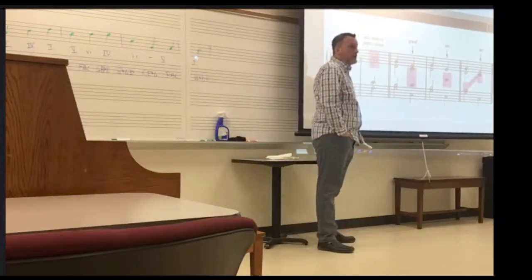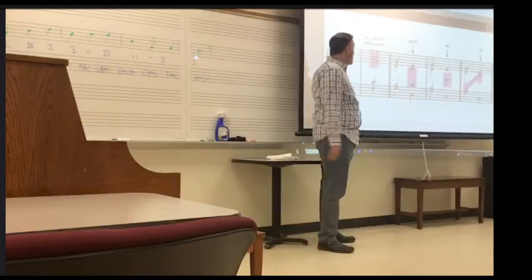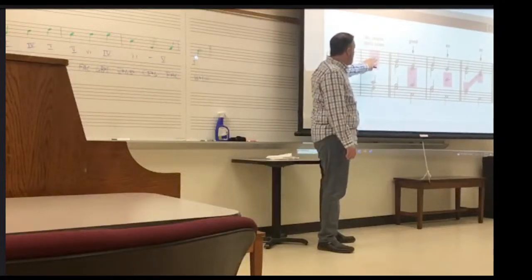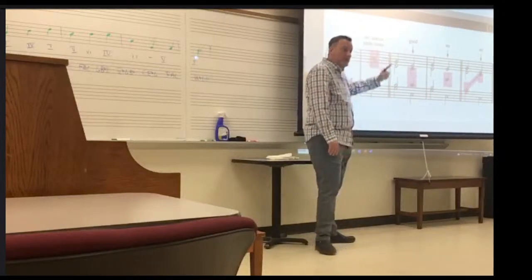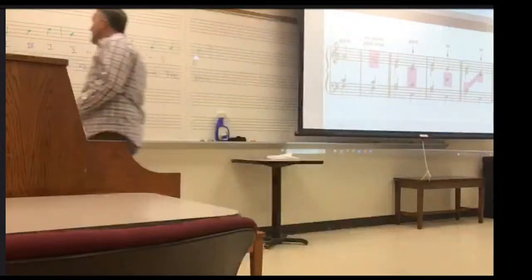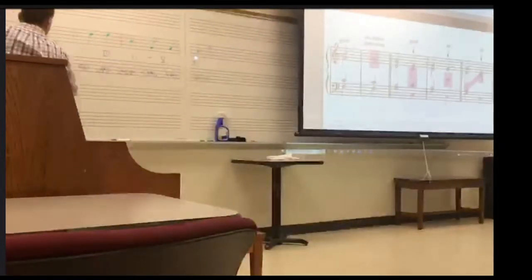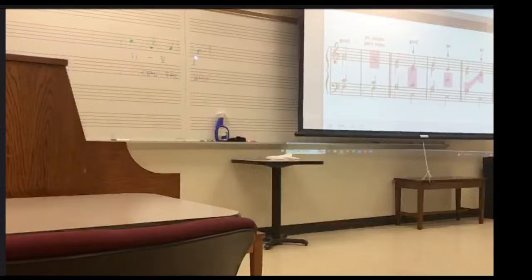Usually it's very obvious when that happens if it's in the same clef. Where it doesn't get as obvious is when you have, say, a tenor and an alto, and tenor's kind of high, alto's kind of low. That's where it gets a little less obvious. So say our tenor starts on the D, and our alto is also on the D, and then our tenor goes up to E flat, and our alto goes down to C. At this point, our alto and our tenor have crossed.